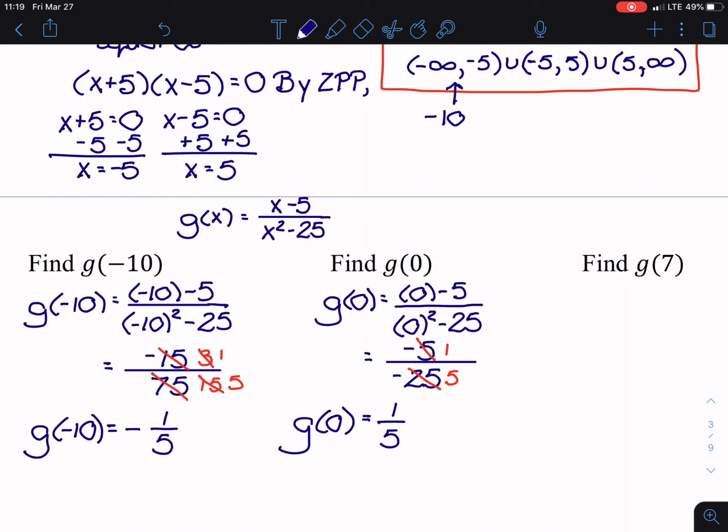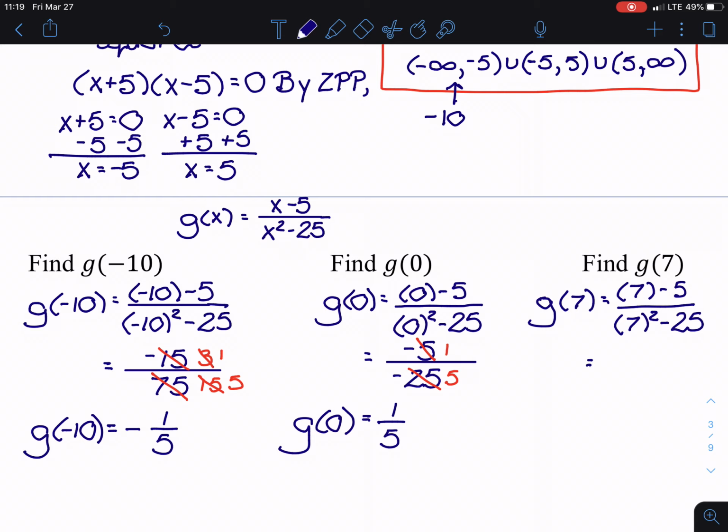And lastly, we have g of 7. So g of 7 is equal to 7 minus 5 over 7 squared minus 25.